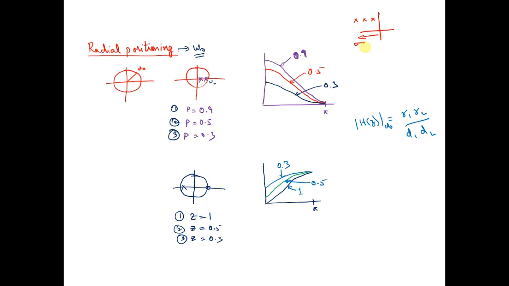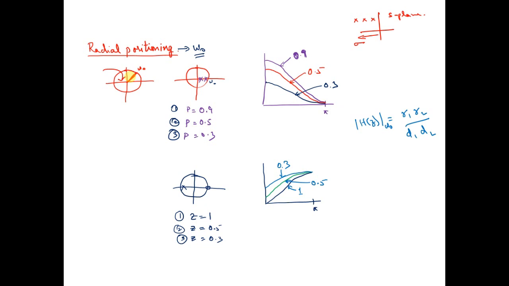Now the same thing, if you try to put in here, what happens? The real axis distance now becomes the radius. The left hand side of the S-plane maps within the unit circle.